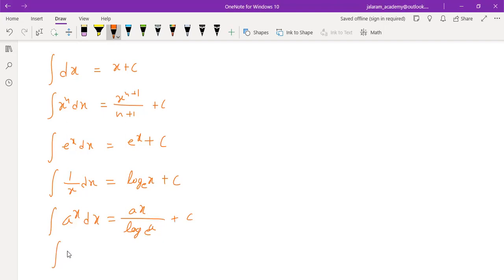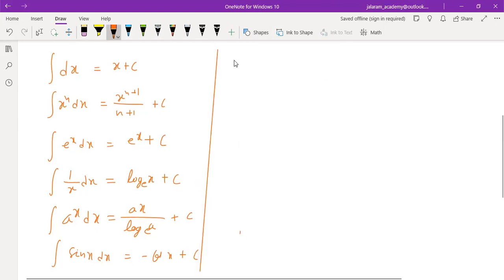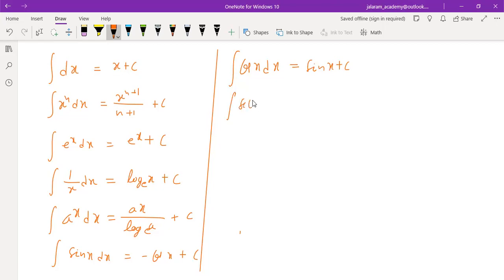Then there are formulas for integration of trigonometric functions. Integration of sin x is minus cos x plus c. Integration of cos x is sin x plus c. Differentiation of tan x, we know, is sec square x.